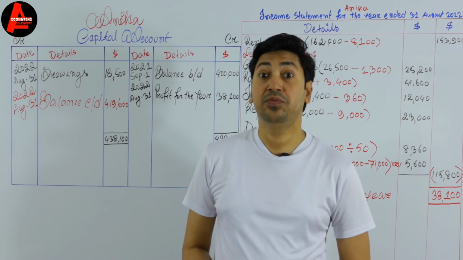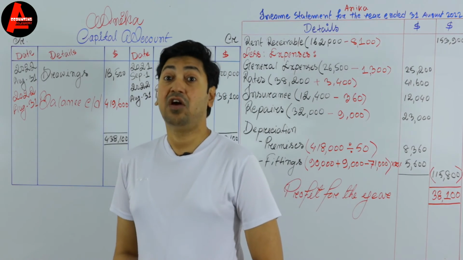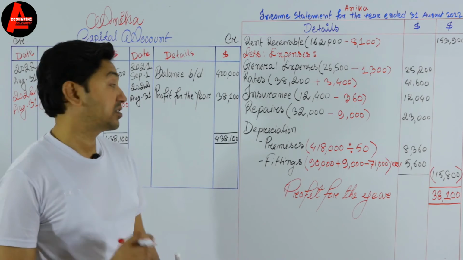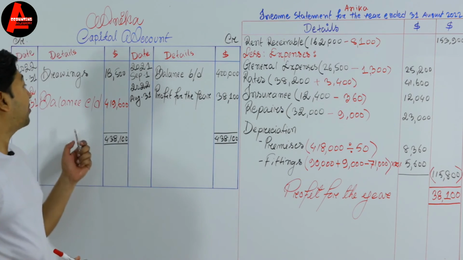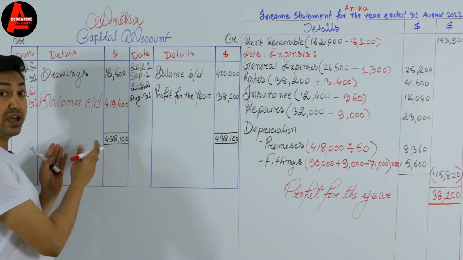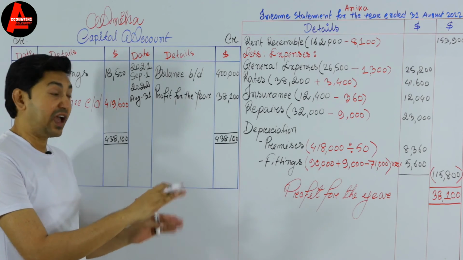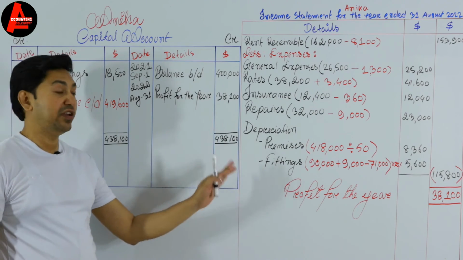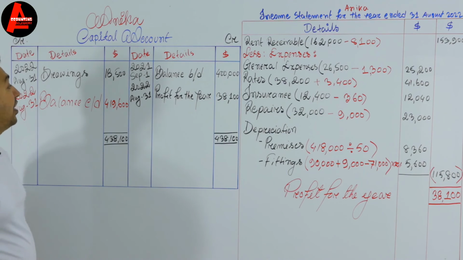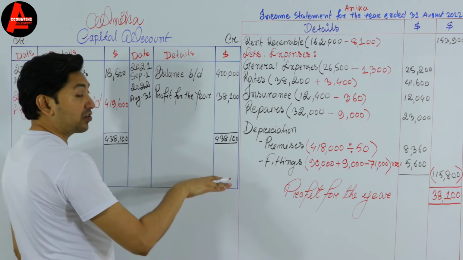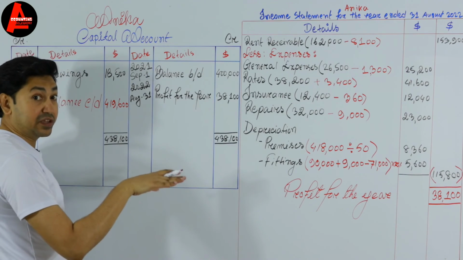Now we need to bring down the balance. How do we do that? It is also simple and easy. You have balance carried down on the debit side, and balance brought down will be on the opposite side, which means the credit side. When it is balance brought down, we write below the total.